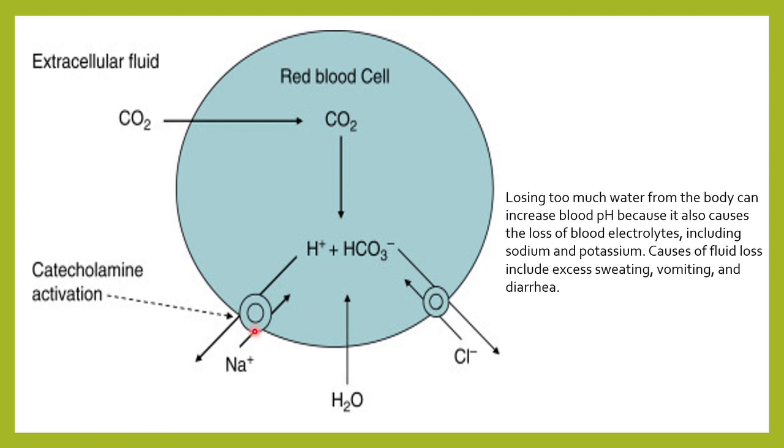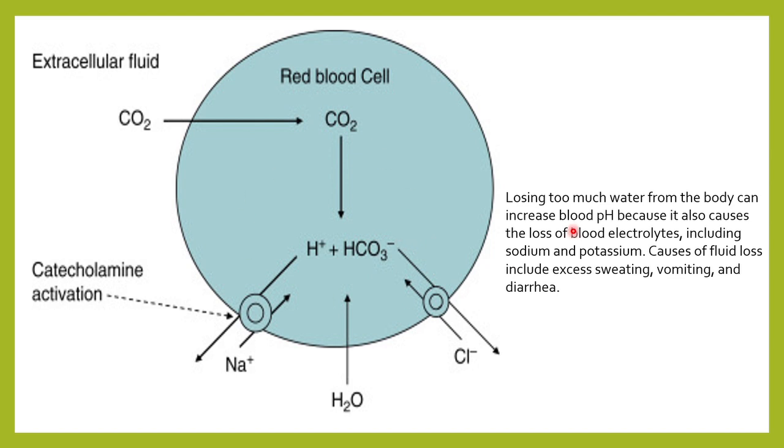Losing too much water from the body can lead to an increase in the blood pH, because it also causes the loss of blood electrolytes including sodium and potassium. Like when you have vomiting, excessive sweating, diarrhea, all this will cause a change in the body fluids.